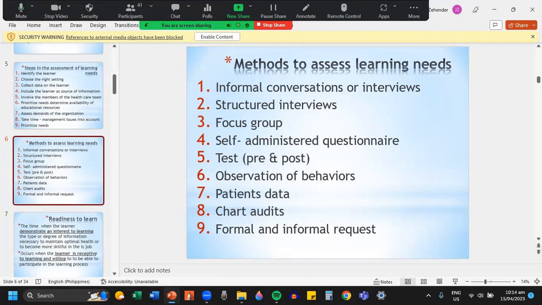And you are supposed to gather information from your participants. So one of the best ways for you to get information is through structured interview. So may mga questionnaire sila. And you guys, the researchers, are going to collate yung data coming from those structured interviews.